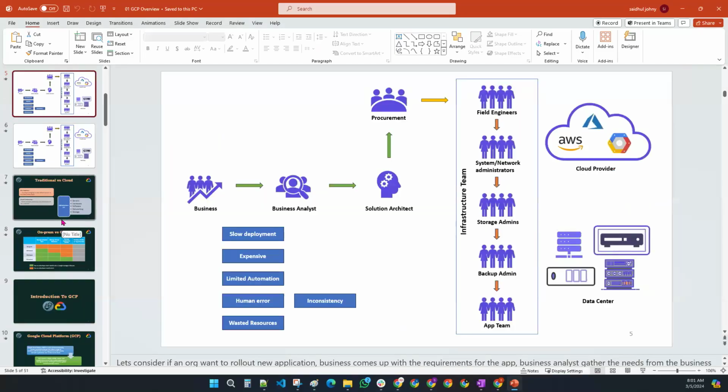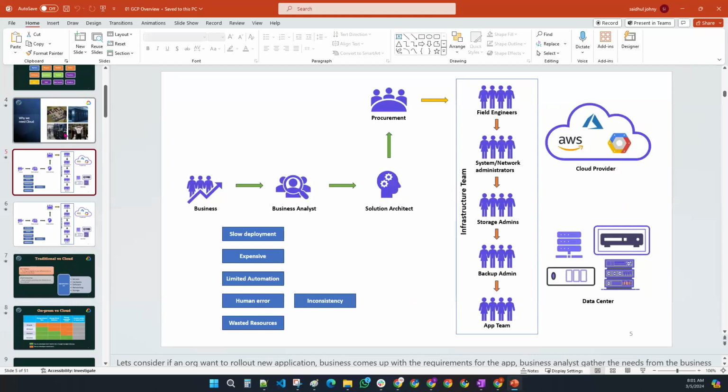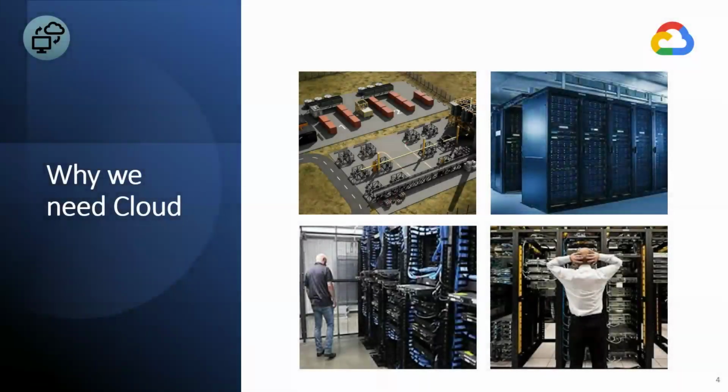Down the road, you are going to become a solution architect. With 3, 4, 5 years of experience, you should know what is happening in the entire workflow of creating your application. If you know this entire thing, it will give you a very good idea, and you will come to know where you are actually working.